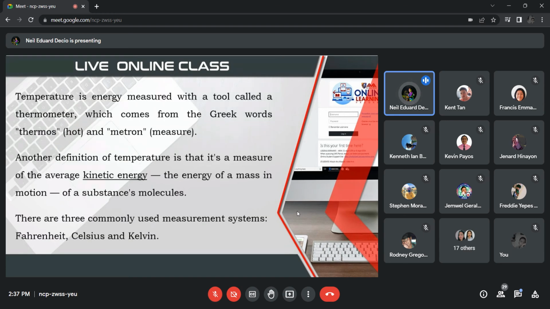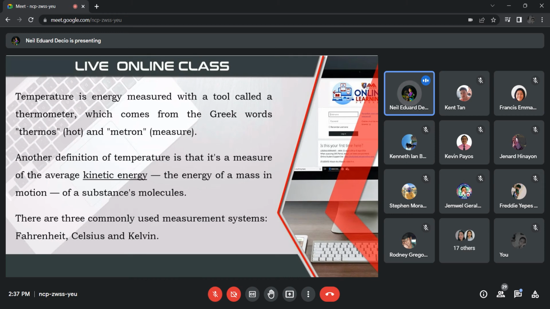We have, I mean, a table for that. Zero Kelvin, or the absolute zero, is equal to, yan, for Celsius, negative 273.1. And then for Fahrenheit naman, 0 Kelvin is negative 459.7 Fahrenheit.